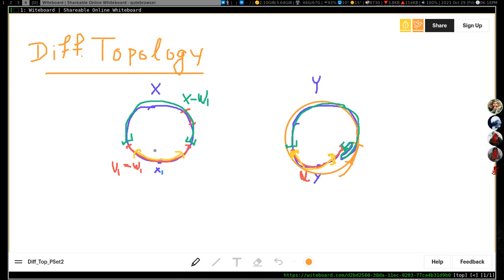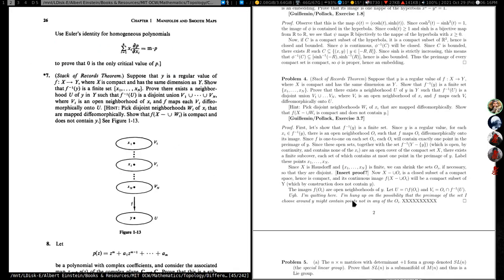Well, I guess it has to be, because the pre-image has to be contained in the complement of that complement. The complement of X minus the union of O_i, which would be the union of O_i. Yes.